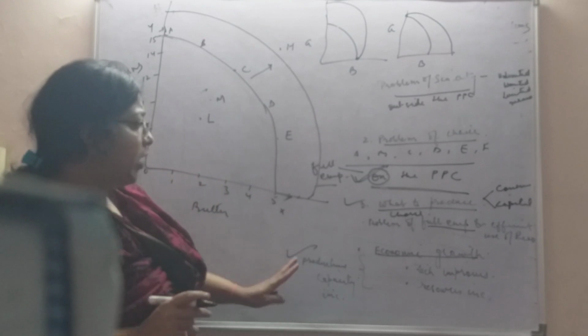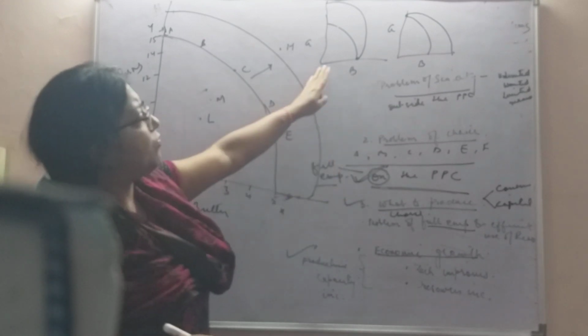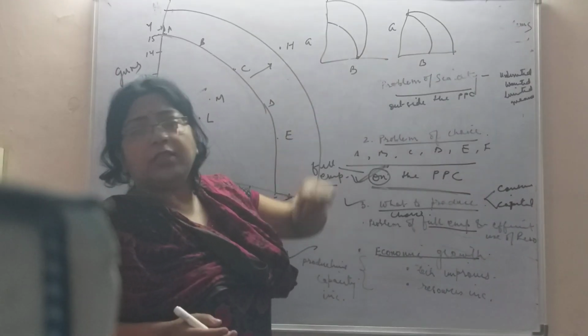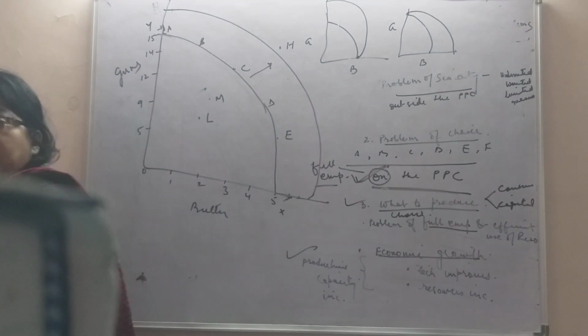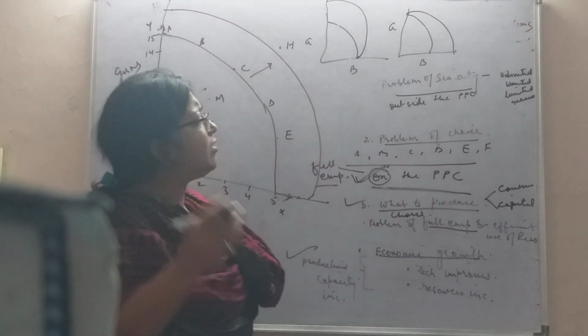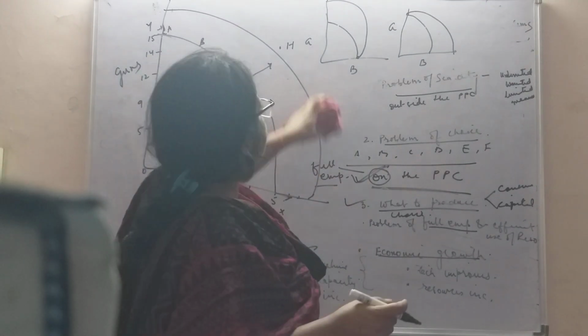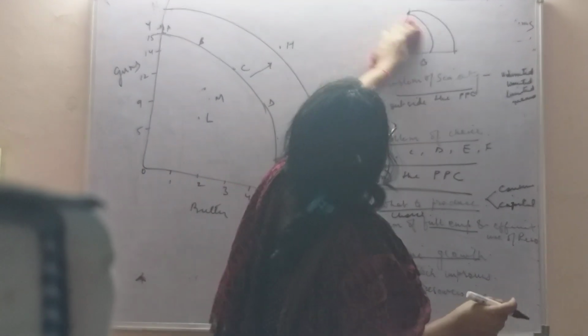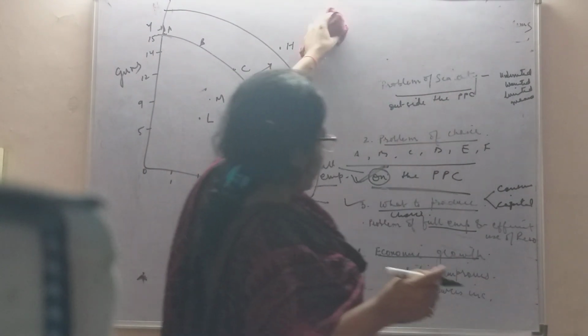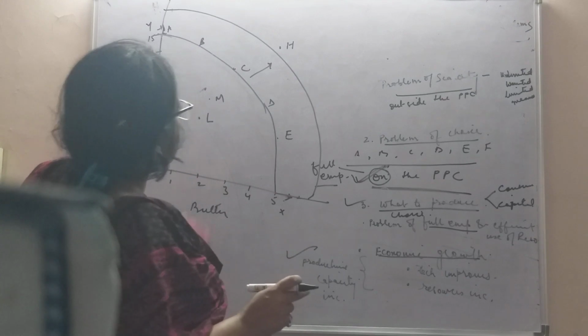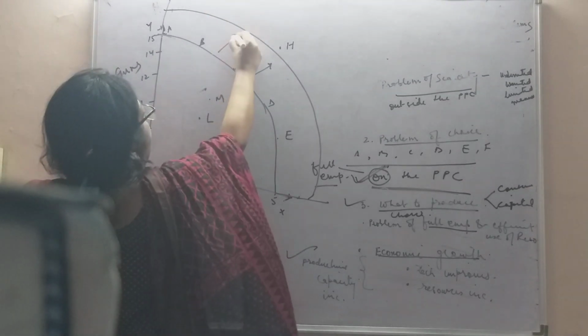But in your book they have not explained these two cases. These are higher level HOTS questions, you can say, that come in CPT also. But at your level, if the question is asked to show economic growth, how will you show it? By the shift of the PPC outward.